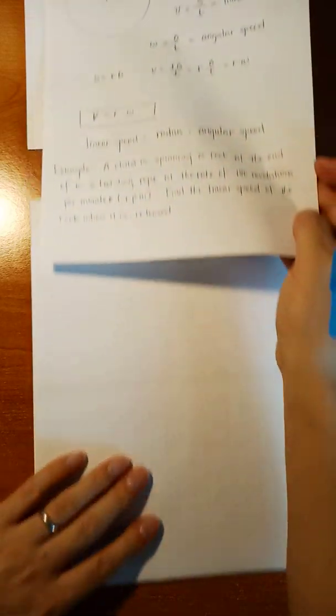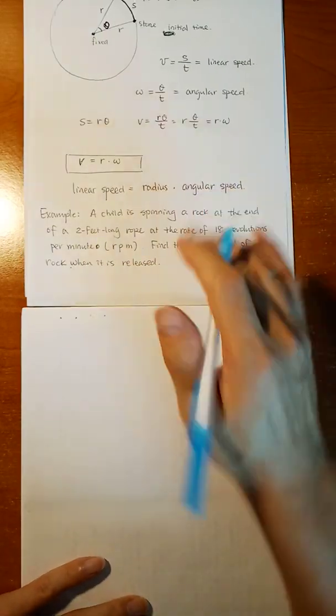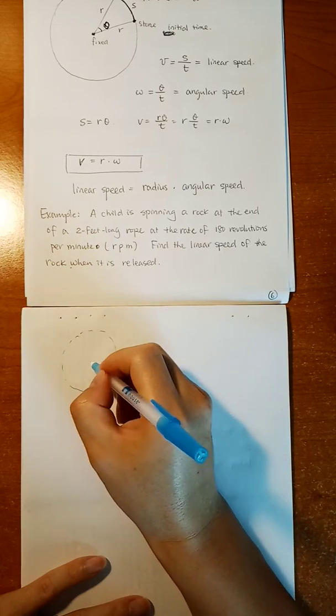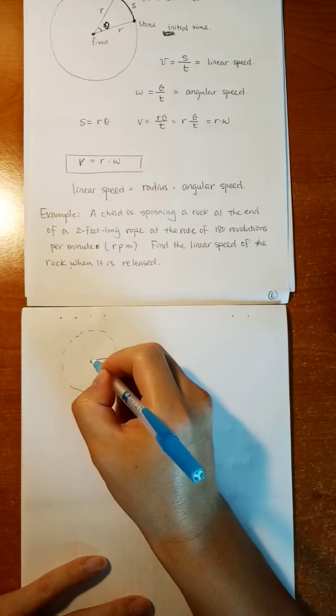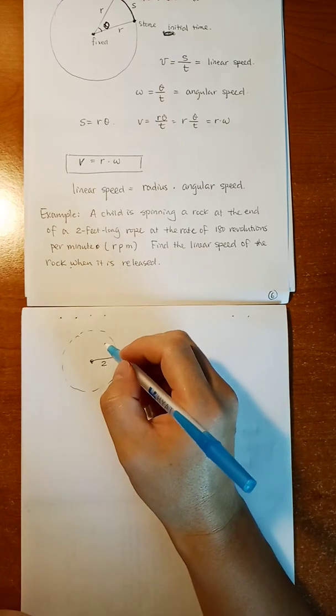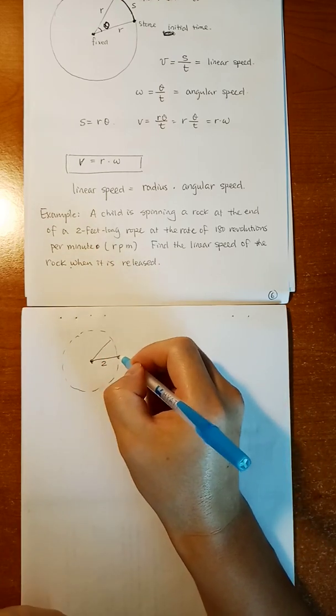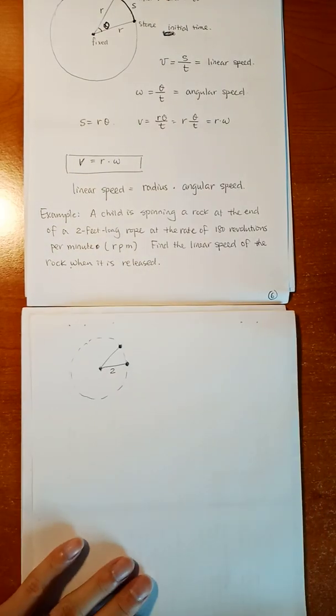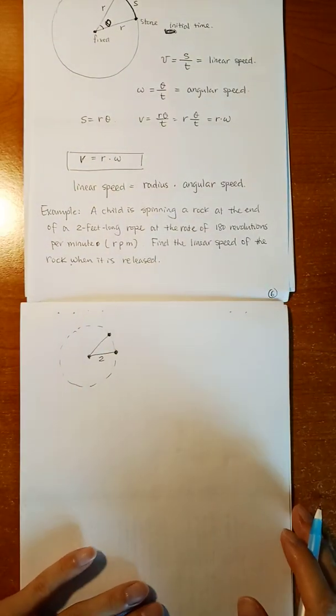Okay, so let's first draw it and understand. The rope is 2 feet long, and a stone is attached at the moving end, and the child spins this rope.